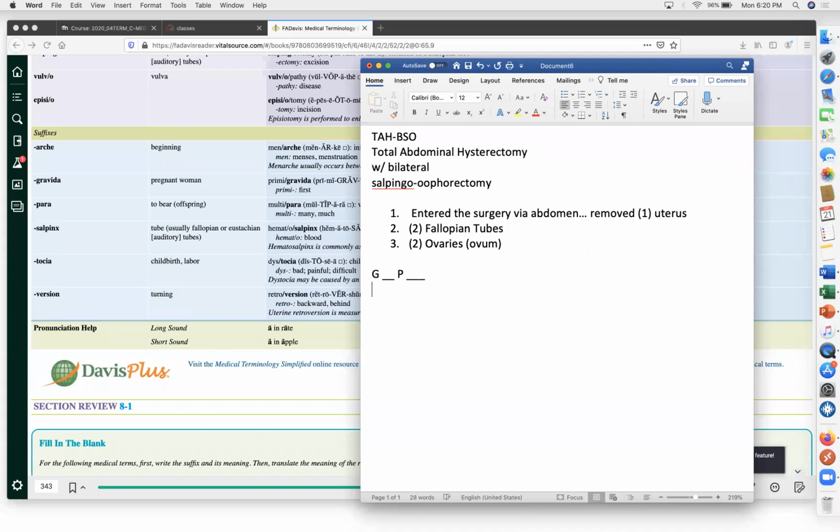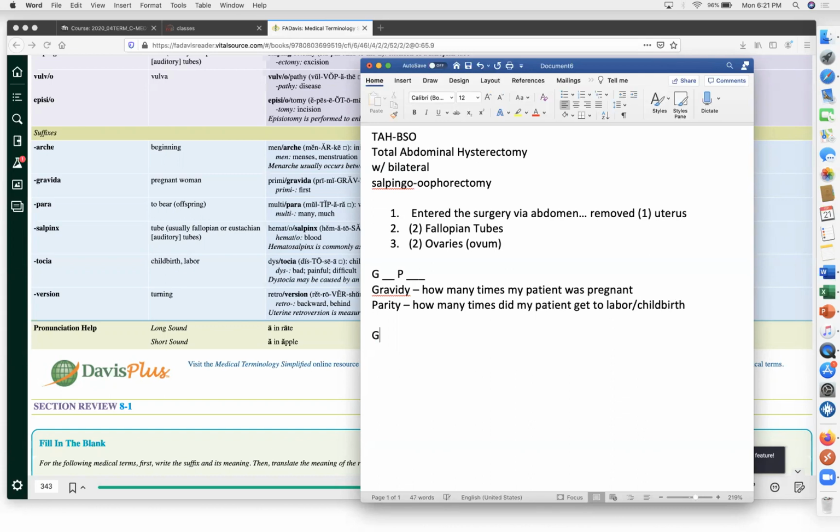The G part is the gravity, which is how many times my patient was pregnant. And the parity is how many times my patient got to labor, or childbirth.